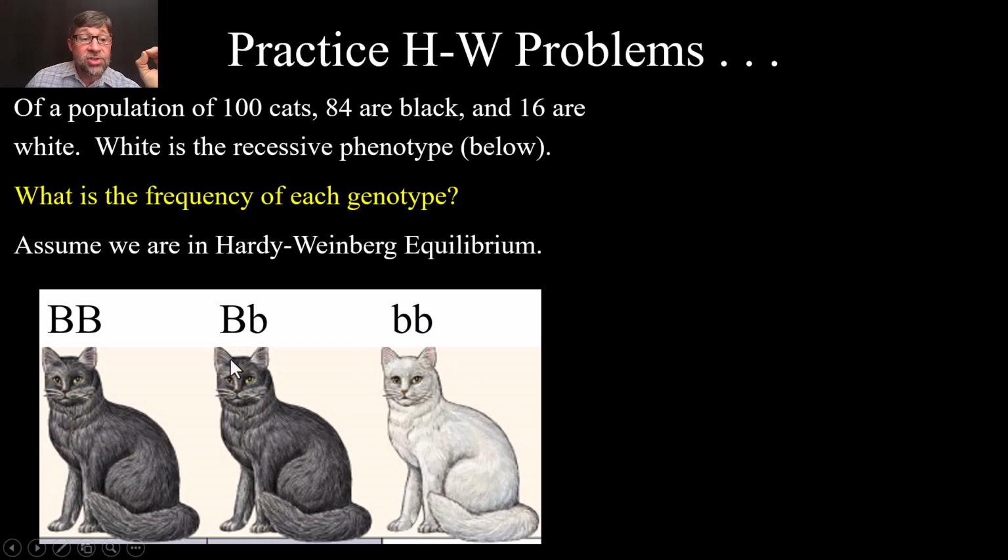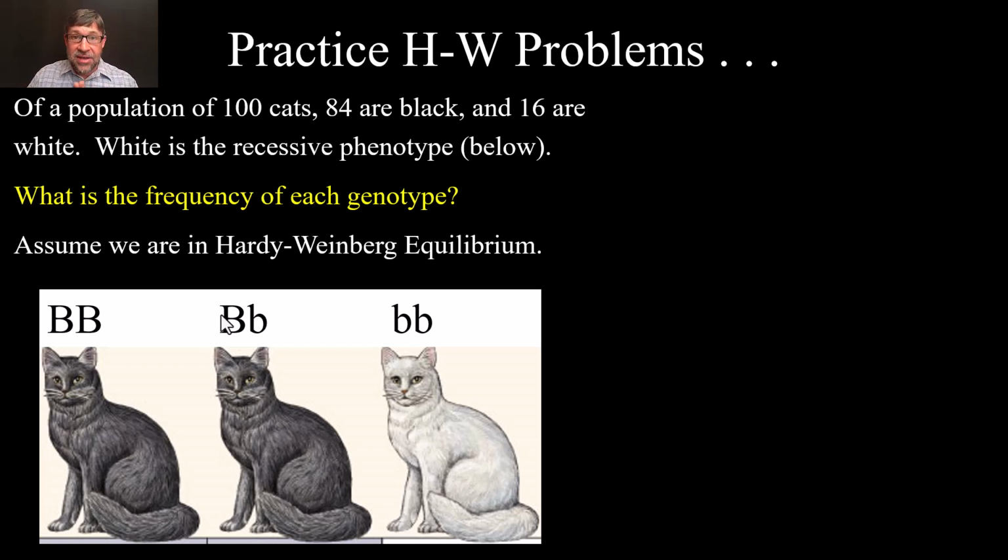There's two ways to get black cats: homozygous dominant and heterozygous. We don't know, of these 84 black cats, what proportion are big B, big B, and what proportion are big B, little b. But we do know the genotype frequency for the homozygous recessives.